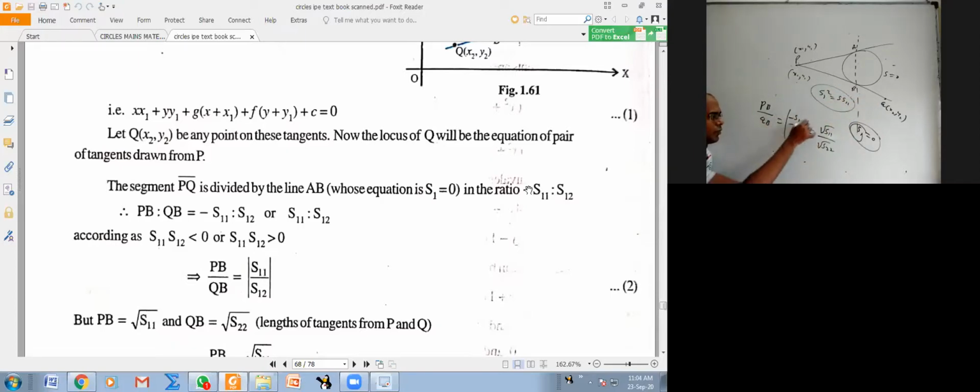So we're going to take a mod for this. Okay. So now when you do cross multiplication, what did we get? Okay. S11 into root S22 is equal to, I can even square it and write S11 square into S22 is equal to S11 into S12 square.